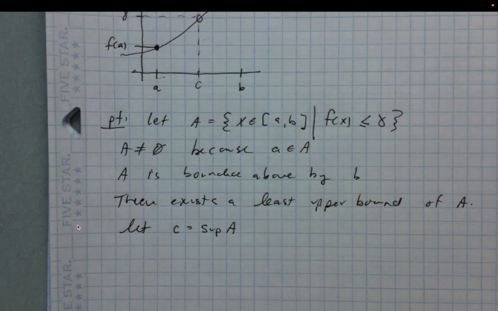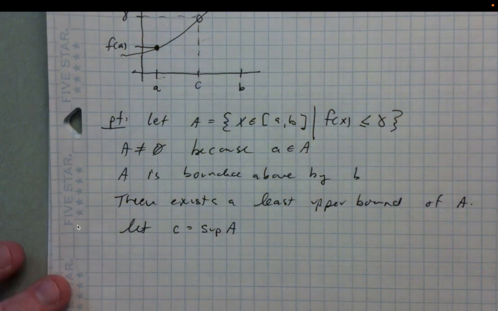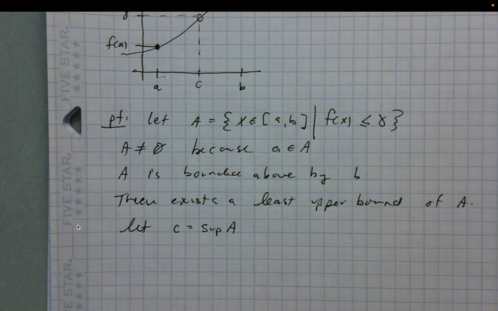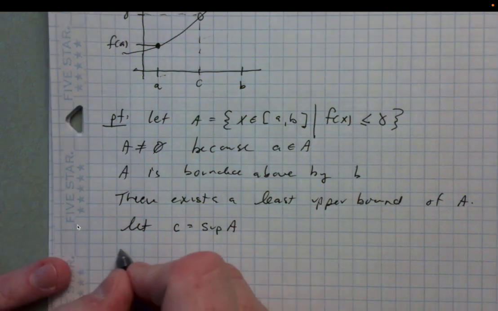Now we can imagine that based on how this set A is defined, this c is going to be the c that we're looking for, that the intermediate value theorem claims exists. Okay. All right. And so since b is an upper bound on A, c is less than or equal to b, right? So we have that also.